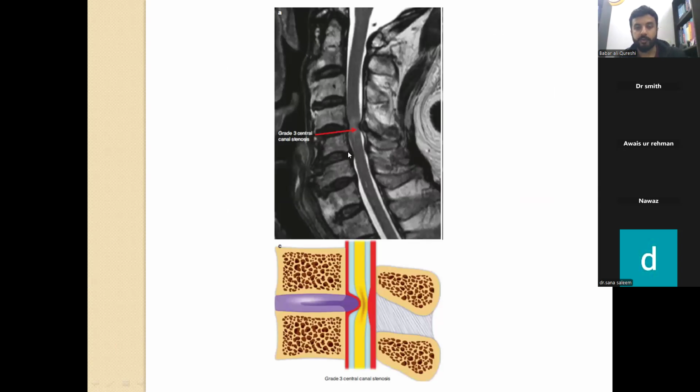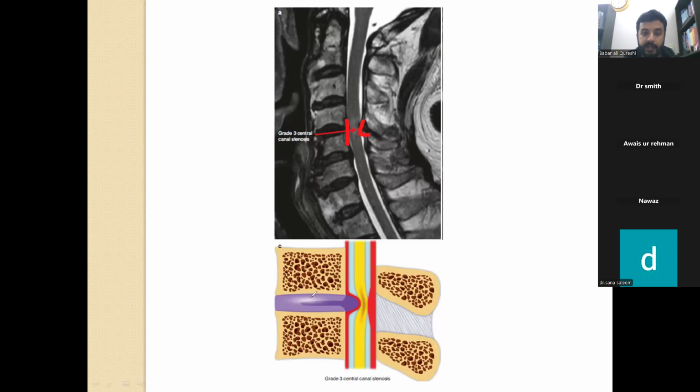Okay, so now in this picture, we are actually looking at two pathologies at the same time. First, let's start by reading the MRI. This is an MRI cervical spine sagittal cut, in which we can see the compression of the spinal cord, which is being compressed both anteriorly as well as posteriorly.